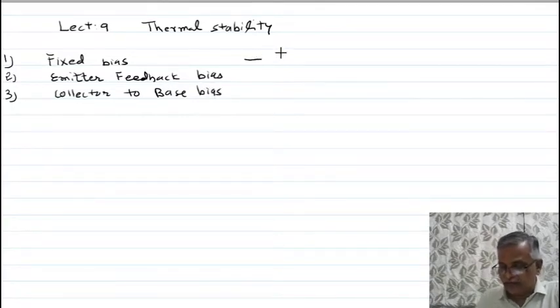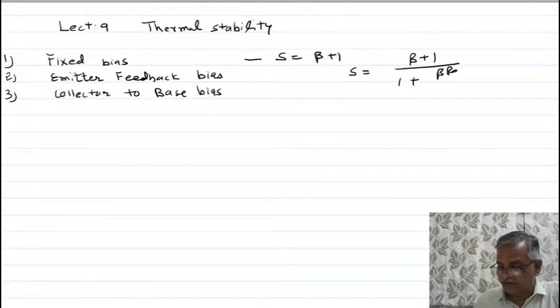In a fixed bias we have seen the stability factor S is beta plus 1. In an emitter bias we have seen the stability factor is (beta plus 1) upon (1 plus beta into Re upon Rb plus Re).